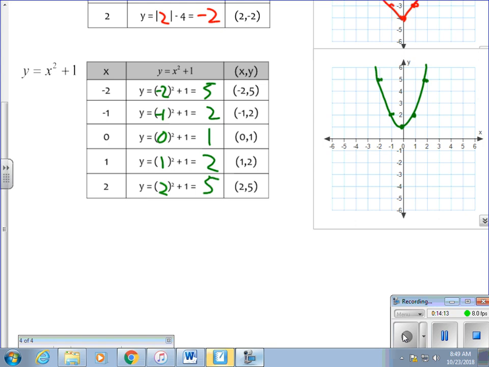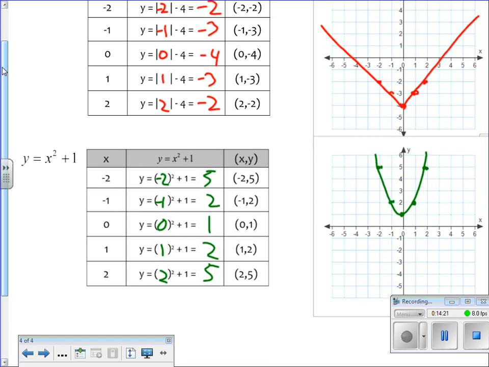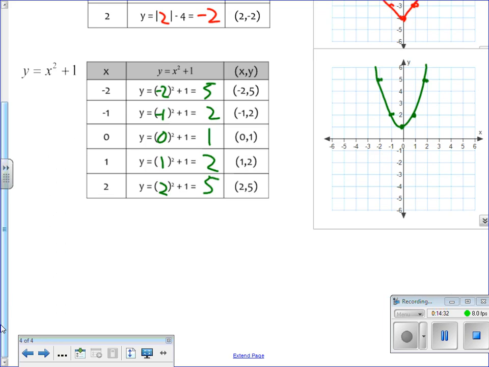There should be a U at the bottom. Absolute values are V's. Parabolas or quadratics are a U shape. We're going to do a lot of work with those coming up mostly next semester. But these are important to get into. U shape, V shape. Okay. Enjoy and get ready to do your work.